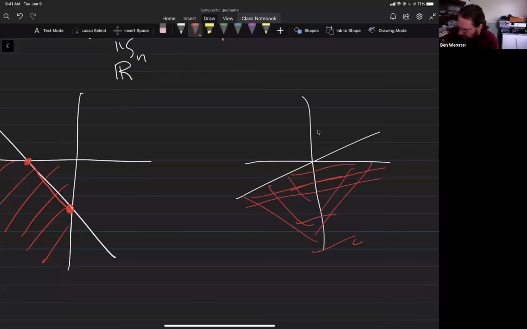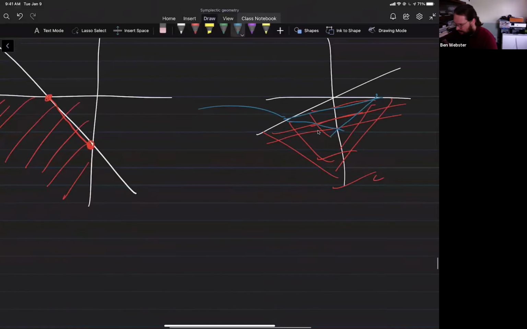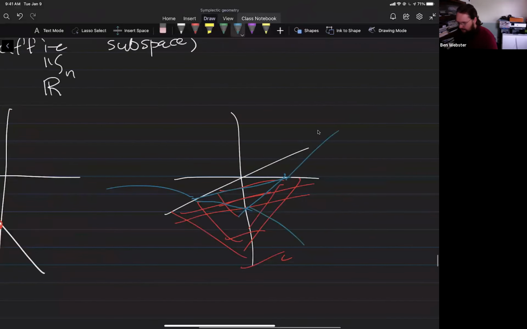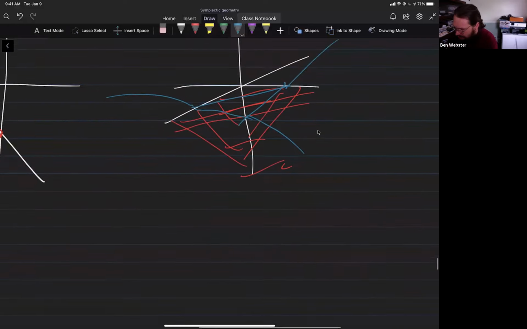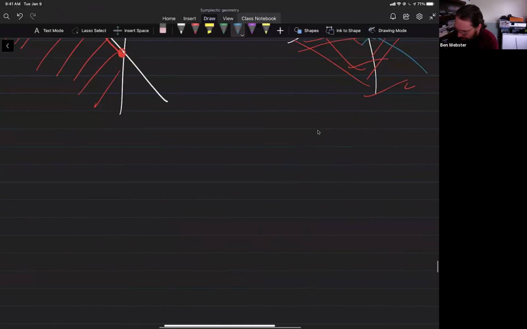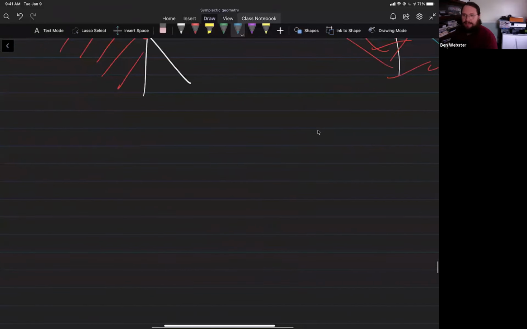If I then cut a hyperplane through here like this, then that will slice through that negative orthant, and its intersection with that will be a simplex. In general, this is a bit harder to draw because the dimension of the space you need is the number of bounding hyperplanes.